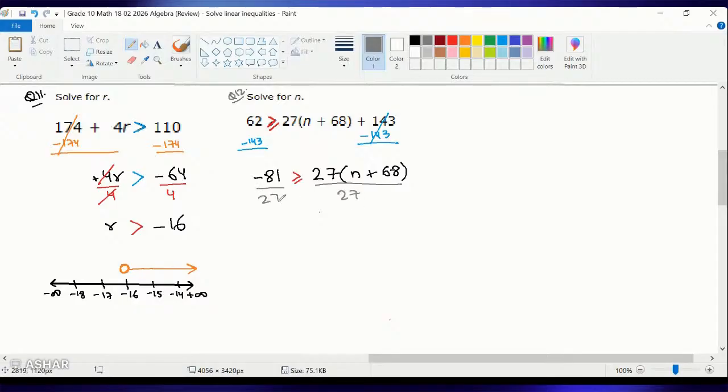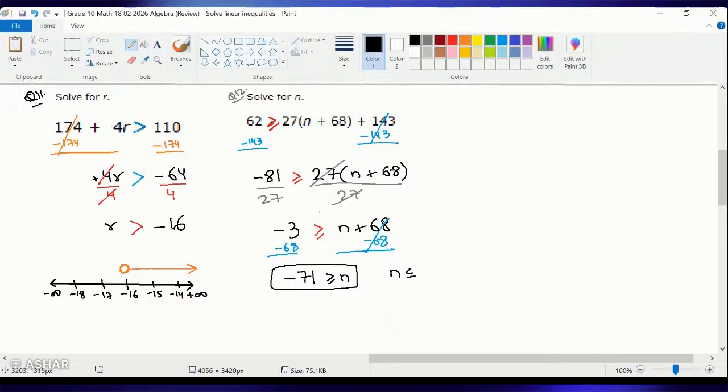It would not make any difference to us. 81 divided by 27, we are left with negative 3 is greater than or equal to n plus 68. We subtract 68 on either sides. And we can say minus 71 is greater than or equal to n, or n is less than or equal to minus 71.